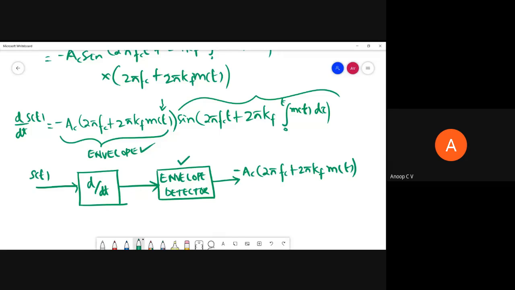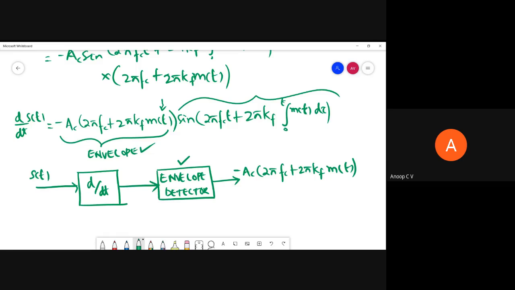Because with a phase reversal, the information resides in both the positive and negative envelope, but an envelope detector gives only one of them, so it will give some distortion.